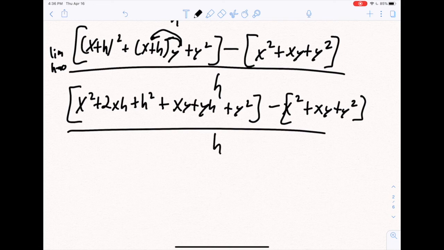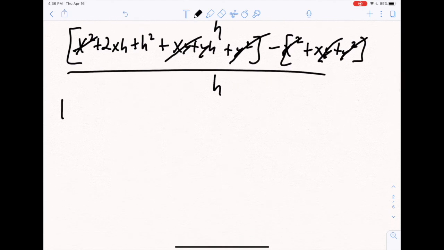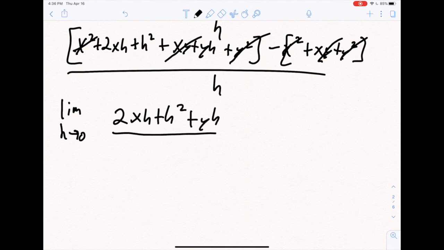And that will simplify down to the x squared here and here cancels out, the xy here and here cancels out, and the y squared here and here cancels out. So it boils down to the limit as h approaches 0 of 2xh plus h squared plus yh over h.